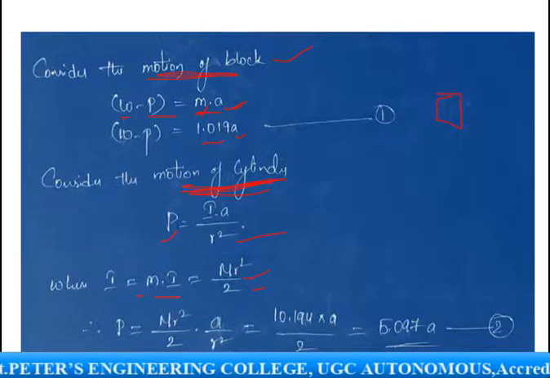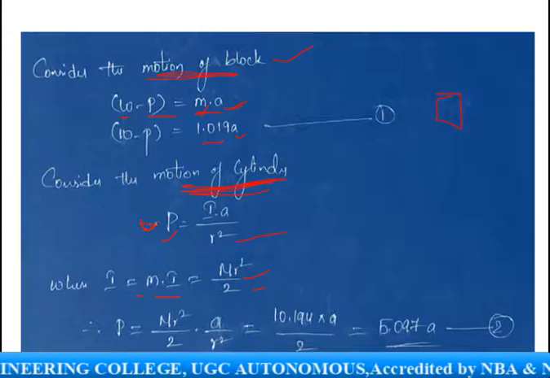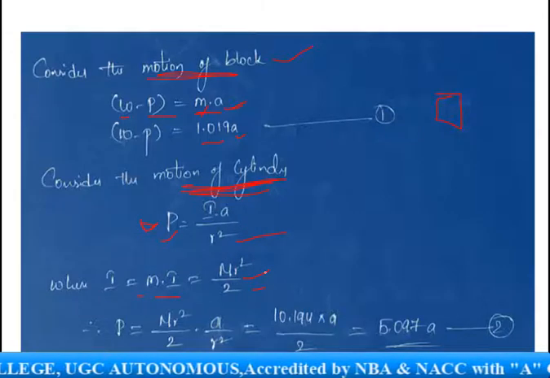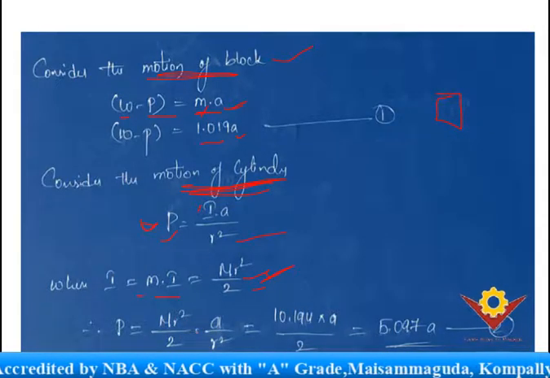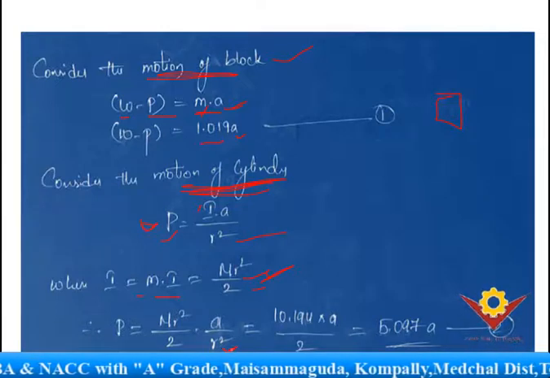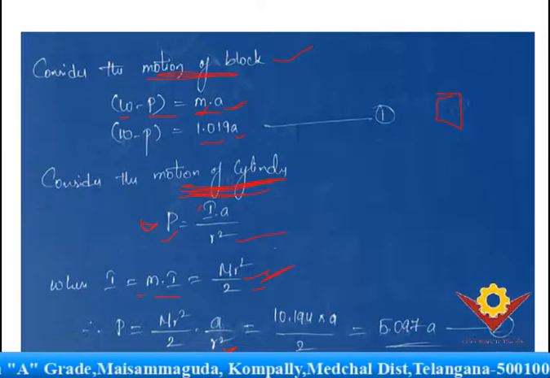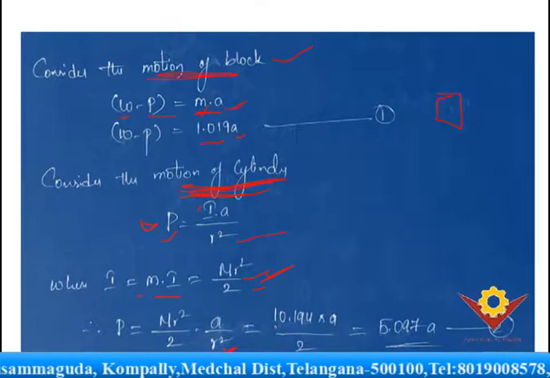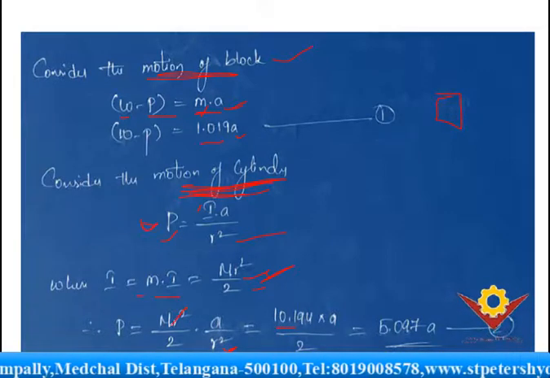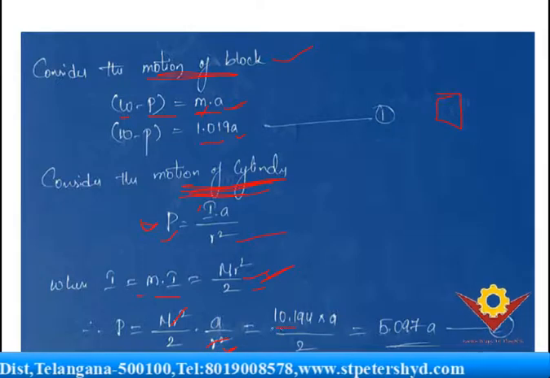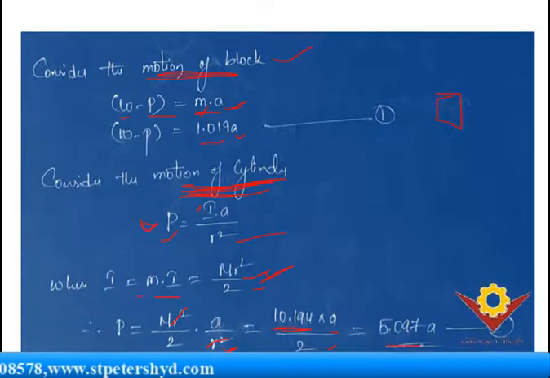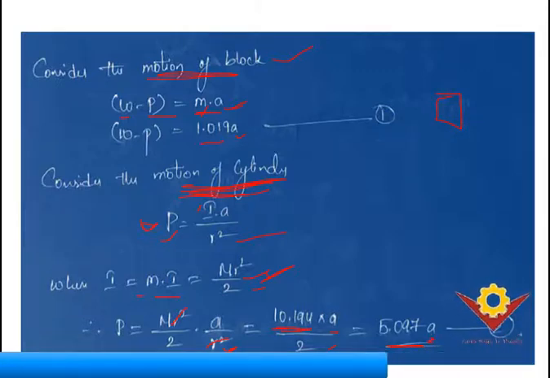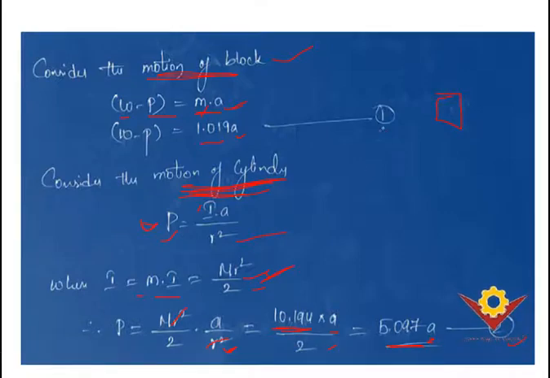If you substitute this moment of inertia, you get m r square by 2 into acceleration by r square, and the r square gets cancelled. With the mass of the cylinder and the acceleration by 2, you get 5.097 into a. Make it equation 2, and this is equation 1.